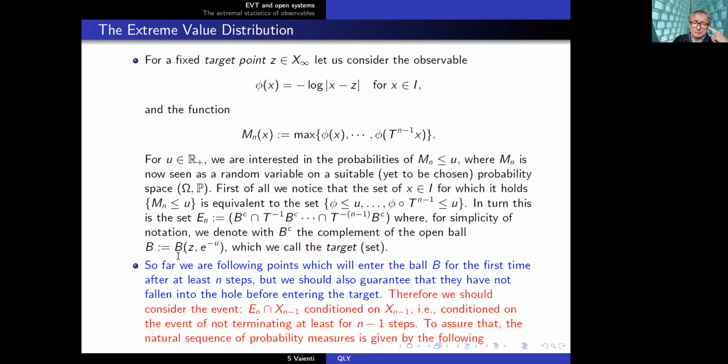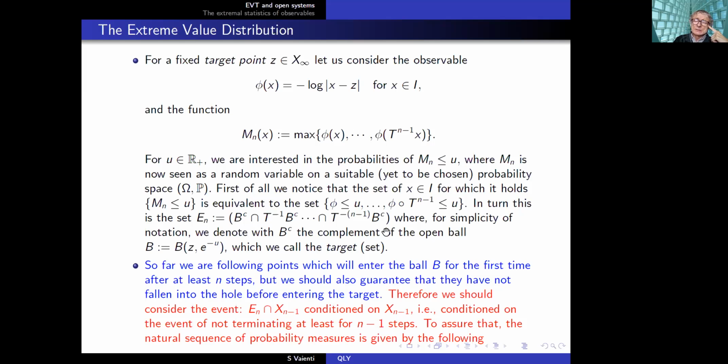So B denotes a ball of radius e^(-u) around the point Z, and the event E_n is nothing but the points which are in the complement of the ball, stay outside this ball for n-1 times, and eventually jump into it after n times.